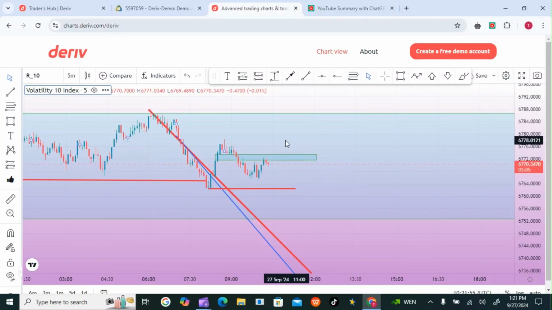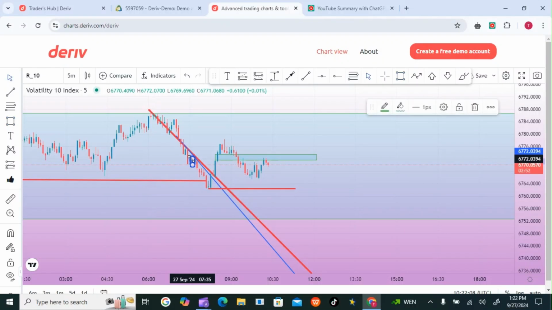And what is the reason for entering at that point? Because going back, we can spot something we call an order block, which is helping us to say that now the market is moving in the opposite direction. Now we can at least take a direction to the downside.